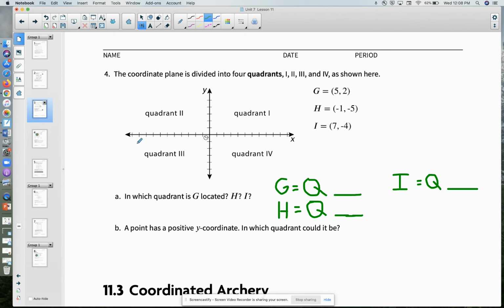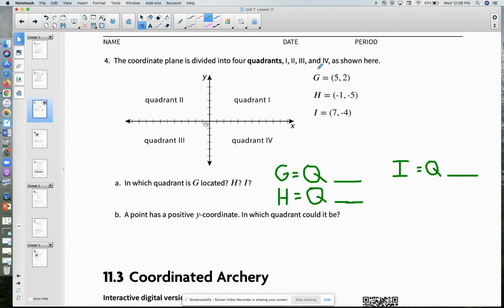The coordinate plane is divided into 4 quadrants, 1, 2, 3, and 4, as shown here. In which quadrant is G located, H and I? So look at G, 5 and 2. Which quadrant was that in? 1, 2, 3, 4, 5, and then 2, quadrant 1.